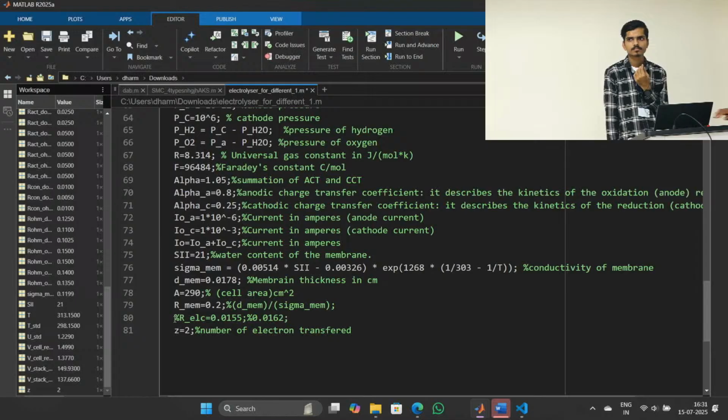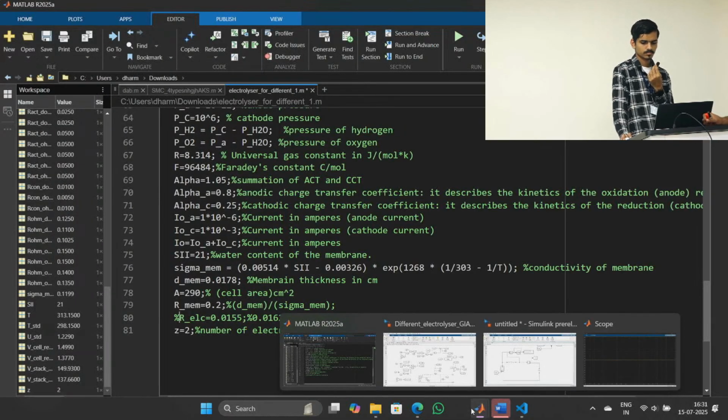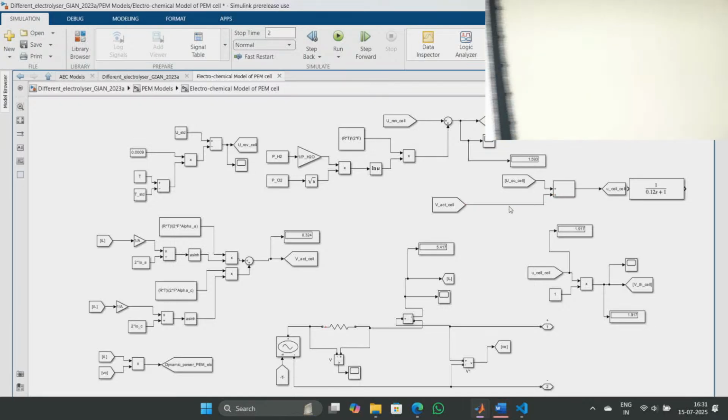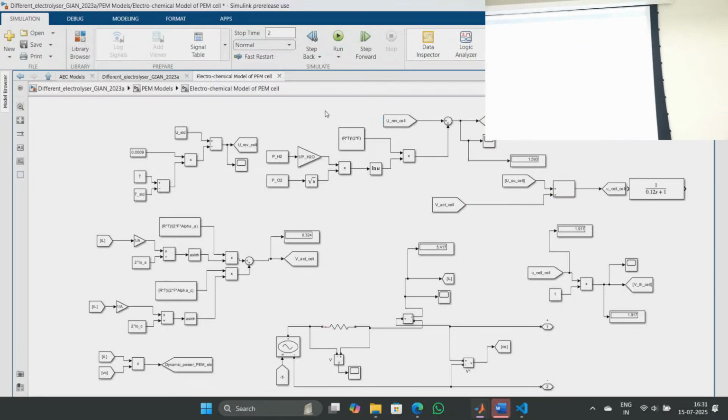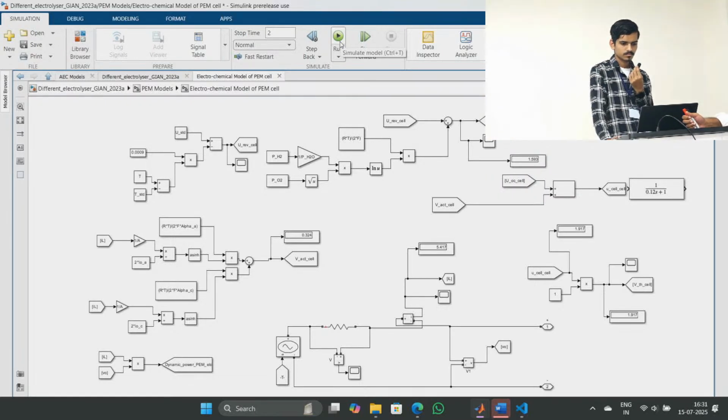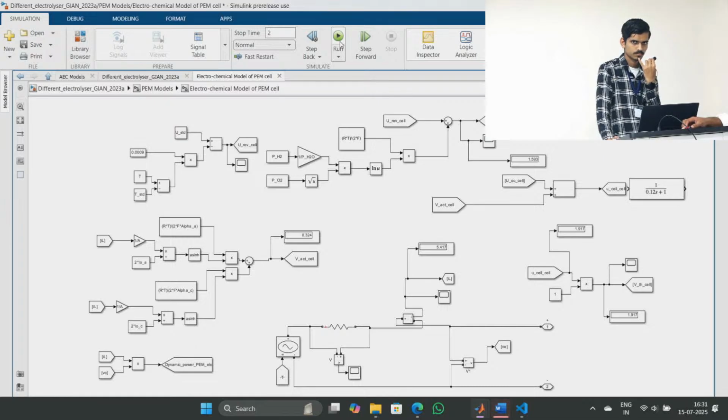Sir, all good? Okay, after this, can you run your model? The developed model, can you run? Running .m?